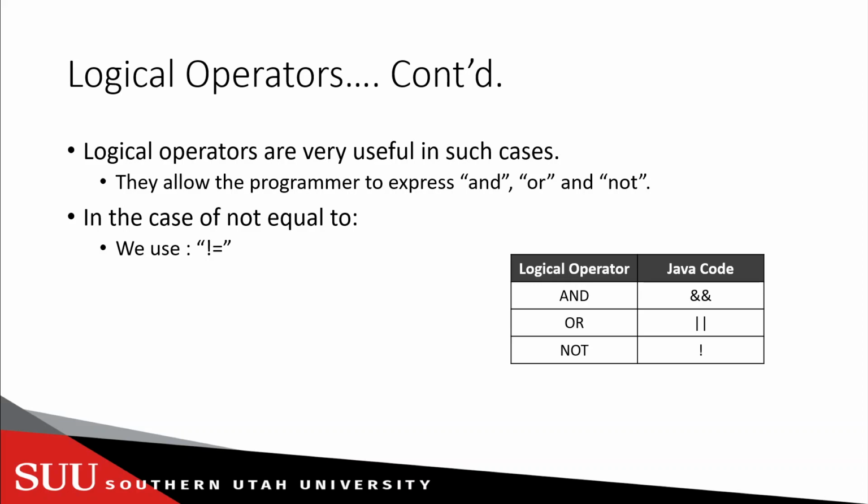In the case of wanting to display something and something else, then we will use this Java code for signaling if it's an and. For example, when I want to say if it's weekend and not bad weather, I will use and. Now the bar operator, if used twice, is signaling for or, and the exclamation mark is what's signaling for not.